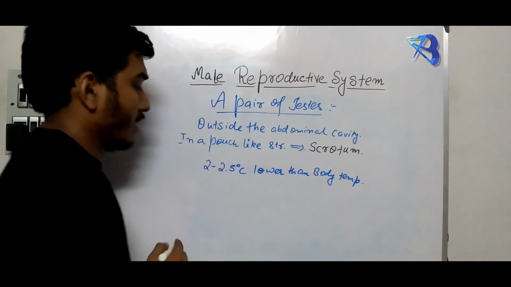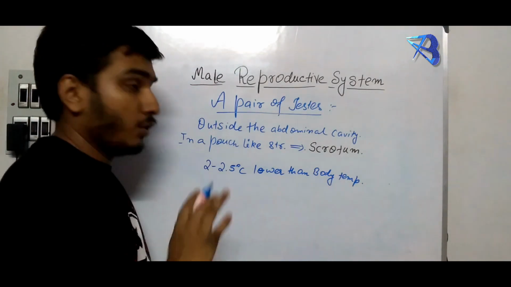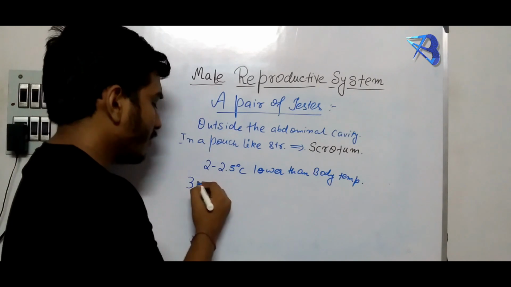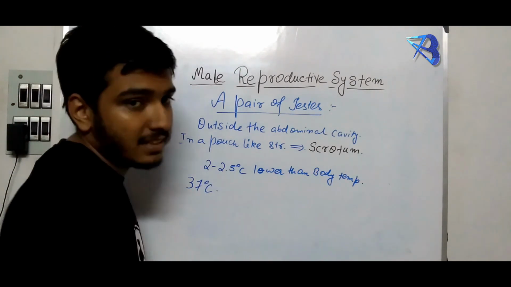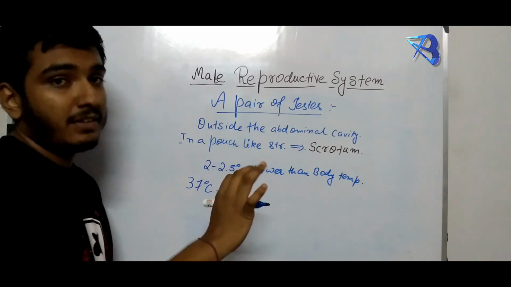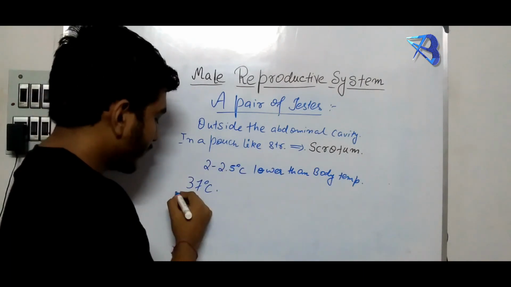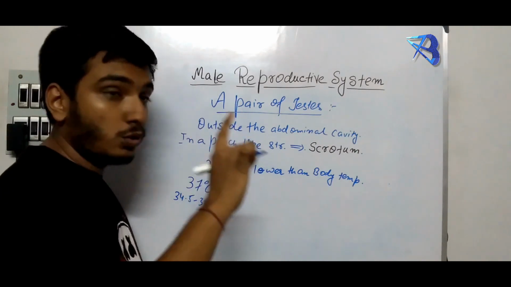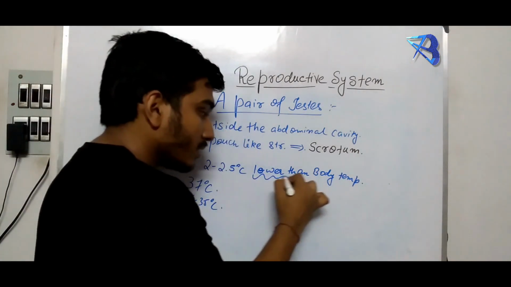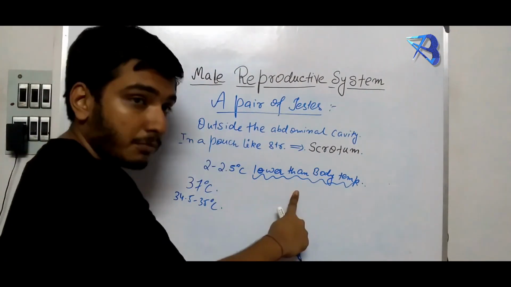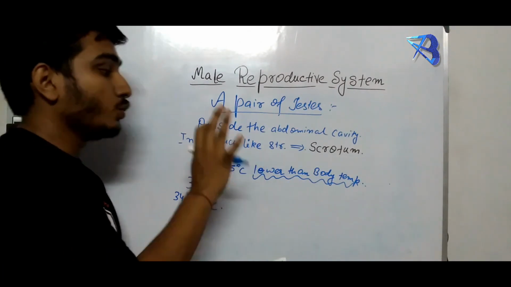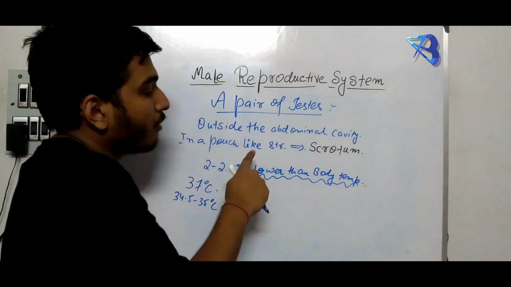If we consider the normal body temperature to be 37 degrees Celsius, the temperature in the scrotum will be 34.5 to 35 degrees Celsius. This part is important. Some students write only 2 to 2.5 degrees Celsius, but it is 2 to 2.5 degrees Celsius lower than the body temperature.